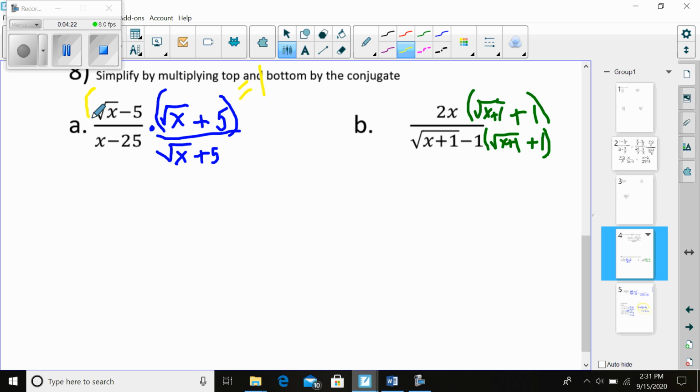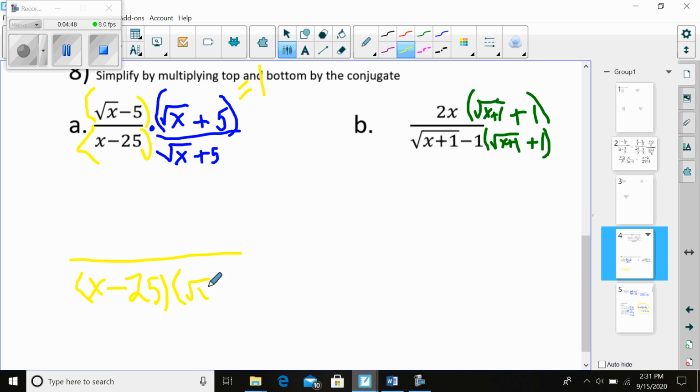When I go to multiply here, same advice I had for you in the last section: don't be so quick to distribute. In that denominator, leave it in factored form, because I'm going to be looking for things to cancel and I have to be in factored form in order to cancel. So I don't want to FOIL in the denominator and multiply that back together.